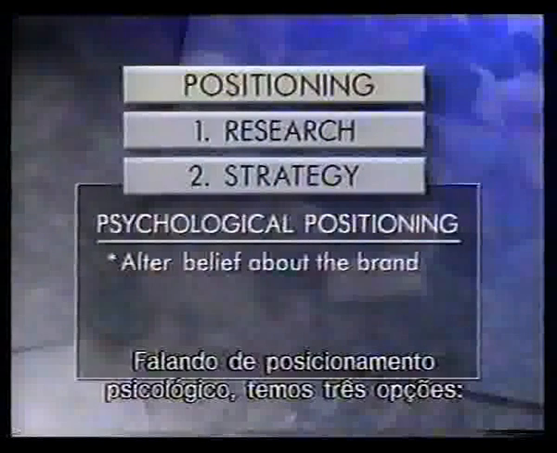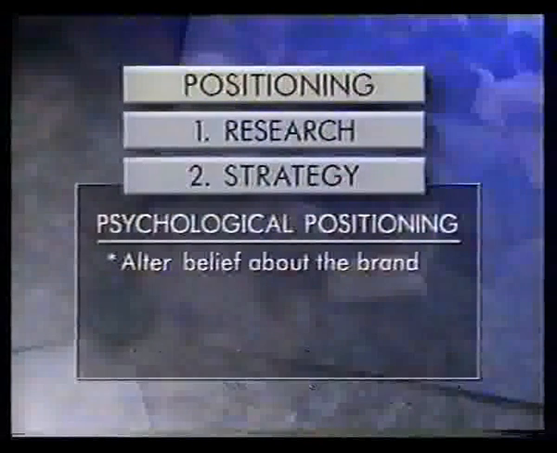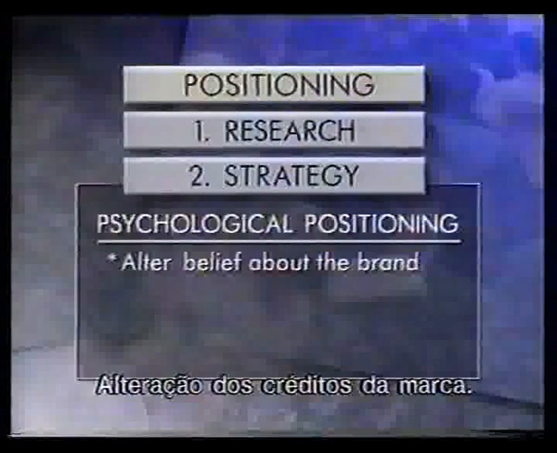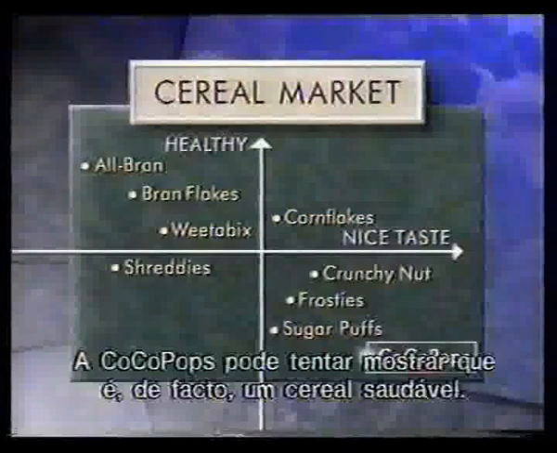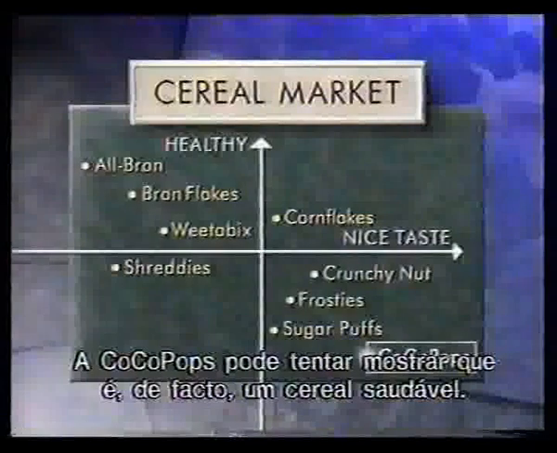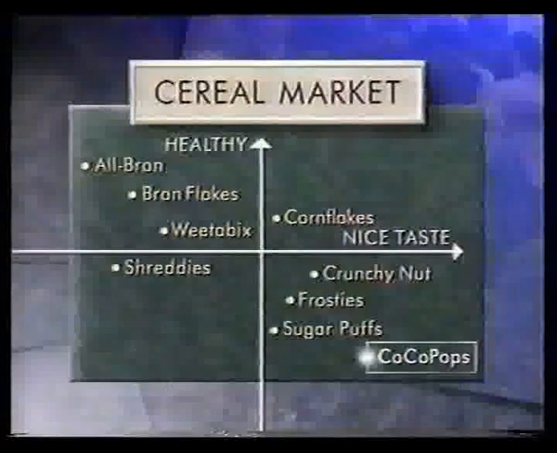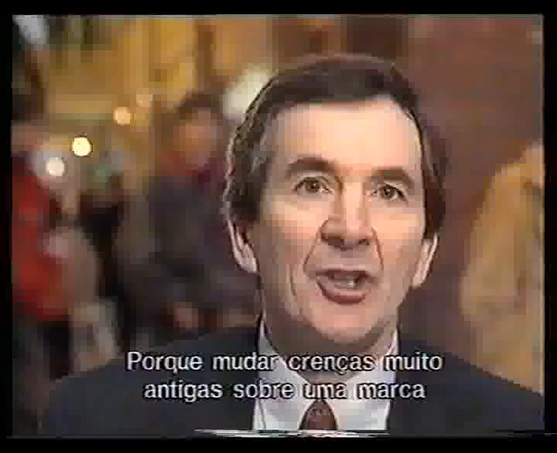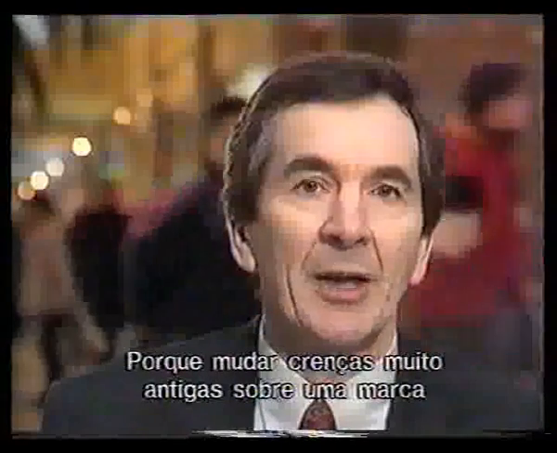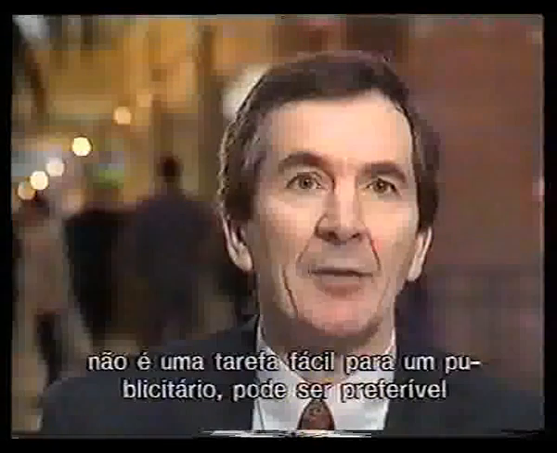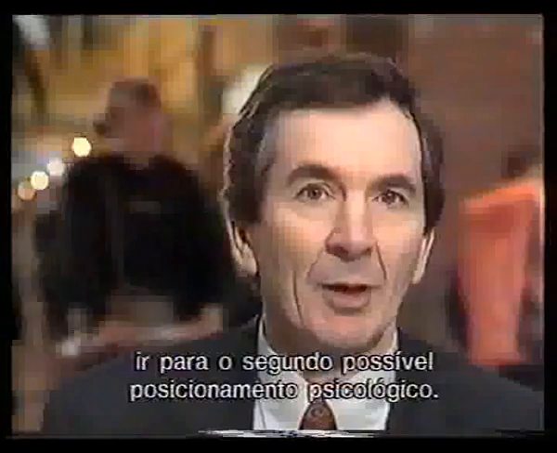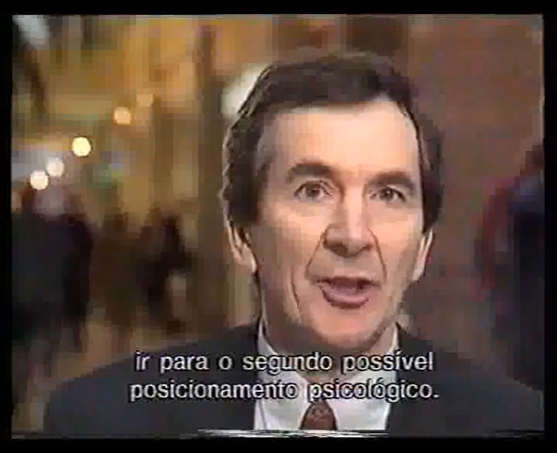Turning to psychological positioning, there are 3 options. 1. Alter the belief about the brand. Cocoa Pops could try to show that it is, in fact, a healthy cereal. Because changing long-held beliefs about a brand is not an easy task for an advertiser, it might be better to go for the second possible psychological positioning strategy.